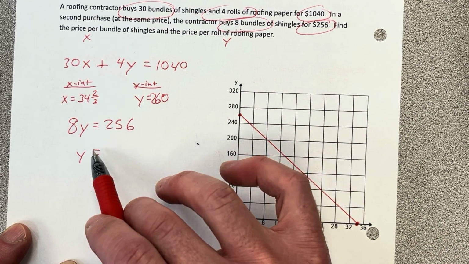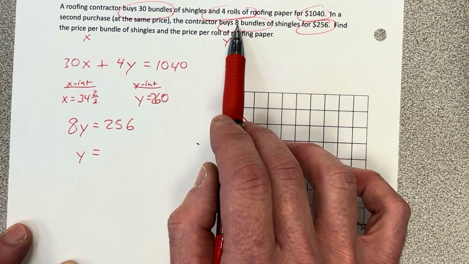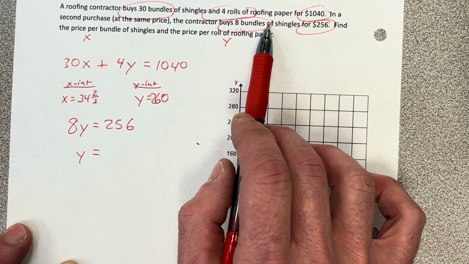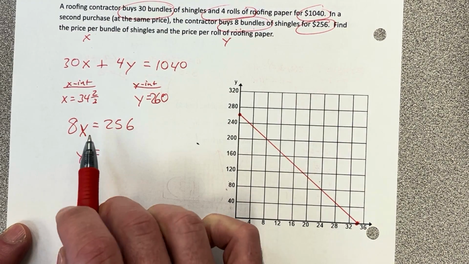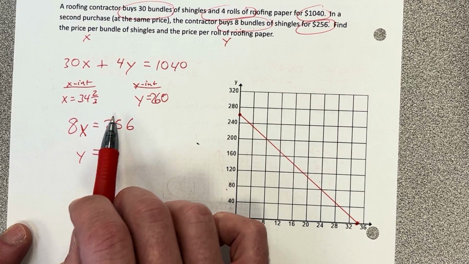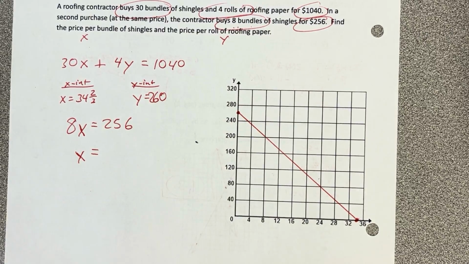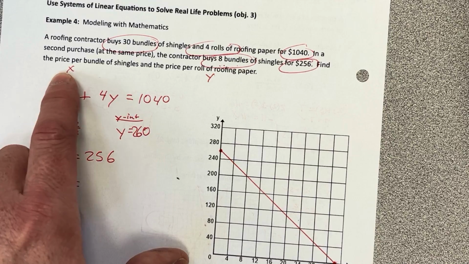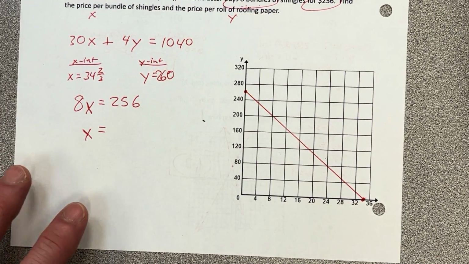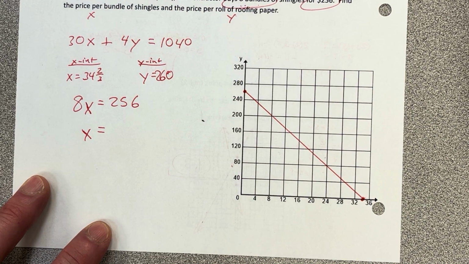I made the mistake here. I said that it was 8 roofing paper, but it's 8 bundles of shingles. So I need to change my equation here. It's not a y. We're not talking about the roofing paper. We're talking about the shingles here. So I need to change that variable to x, because I made the price per bundle of shingles x. Now I'm back on track. I did make a mistake on this lesson. I was about to make a pretty dire mistake, but I think I'm back on track.